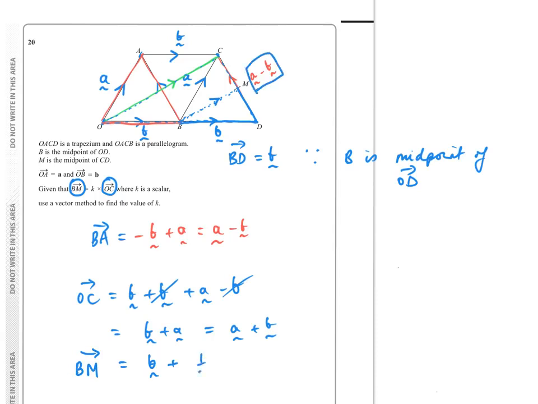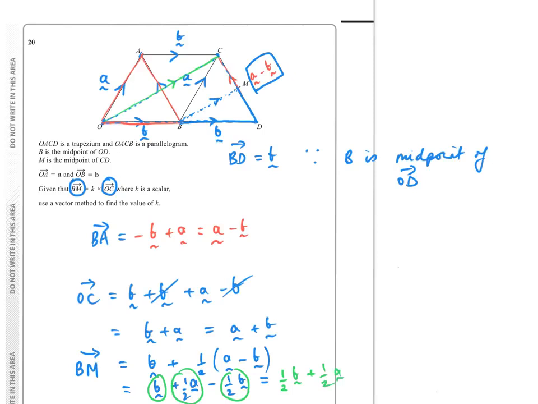So plus half of a minus b, and that's just going to give me b plus a half a minus a half b. So b minus a half b is just a half b, and I've got plus a half a.